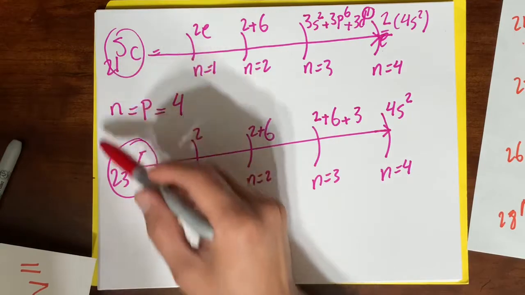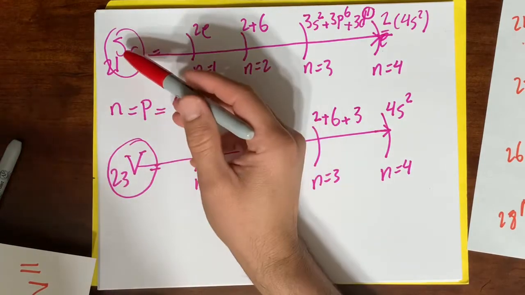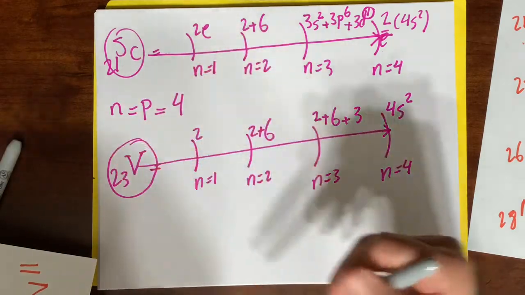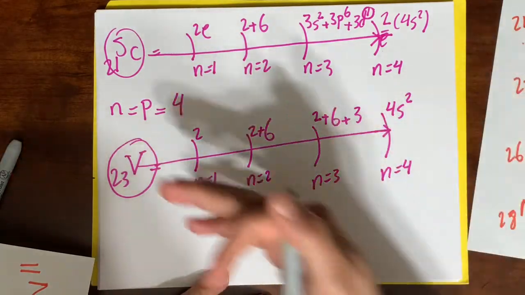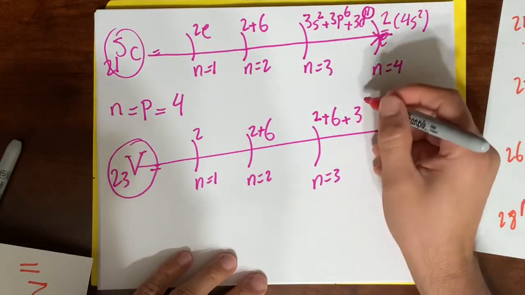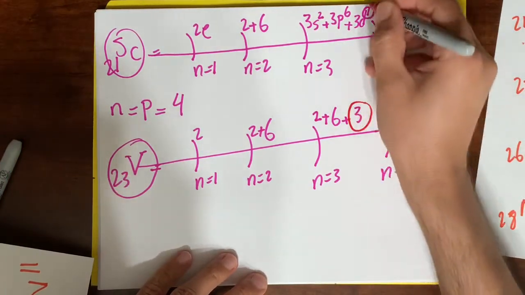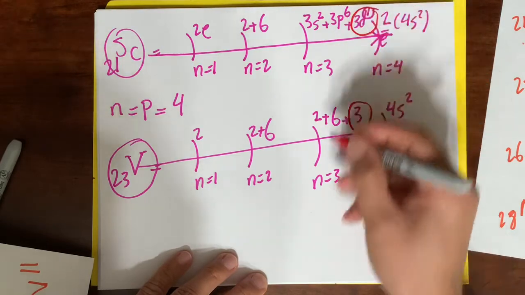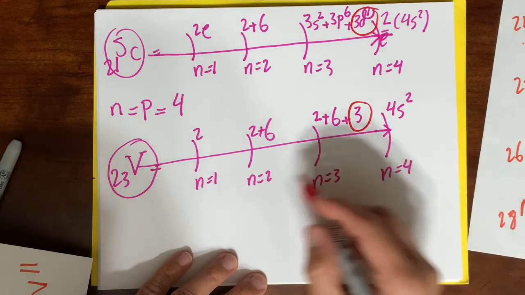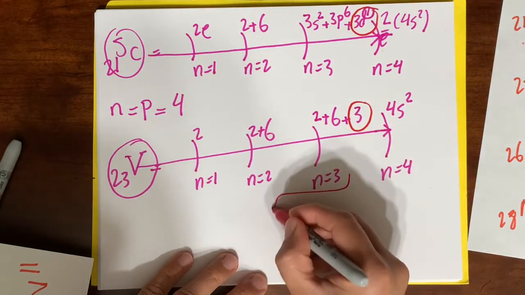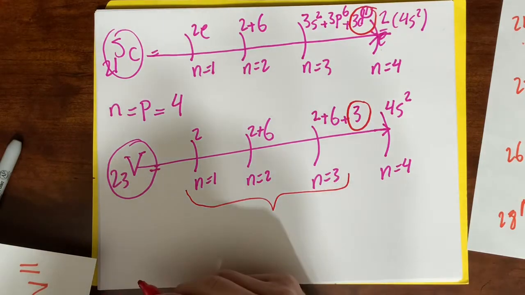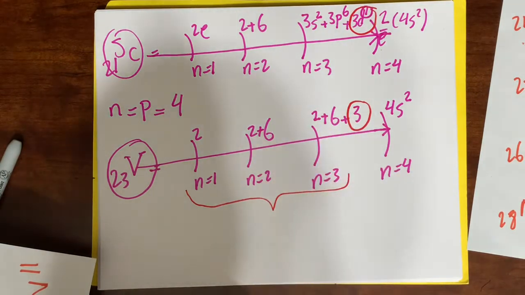We are adding protons. When we move from scandium to vanadium, we added 2 protons, so the size should be smaller. But check the last electron that you added. You added electrons to the inner layer, not the outer layer. And these inner layers, these 3 layers, will apply a shielding effect.